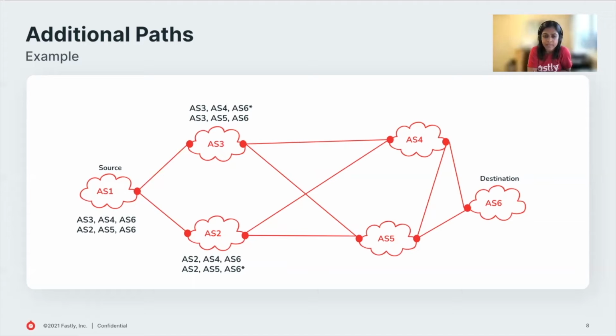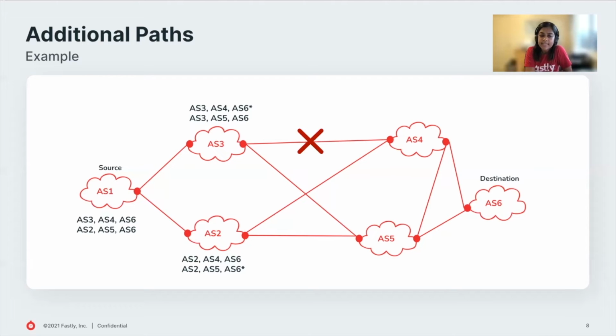So all is well. Let's say that AS1 is actually sending its traffic over the multipath, so it's equally distributing the traffic between AS2 and AS3, and using all the capacity that it can. Now let's assume that one of these links goes down. So what happens in this case? The link that goes down actually is in the route that AS1 is using, the AS346 route.